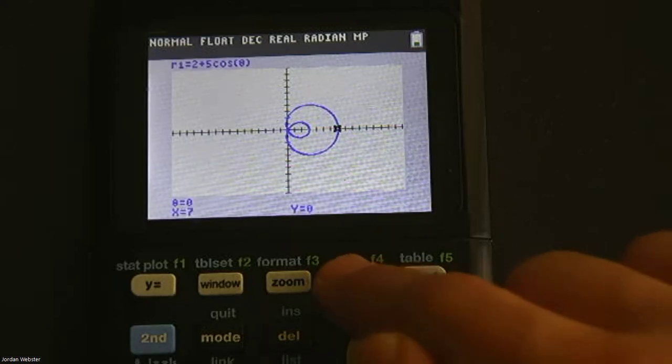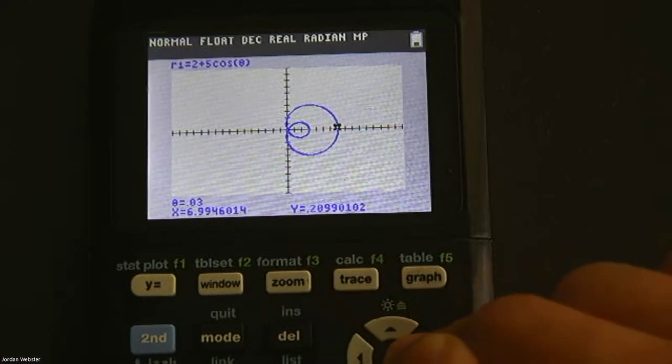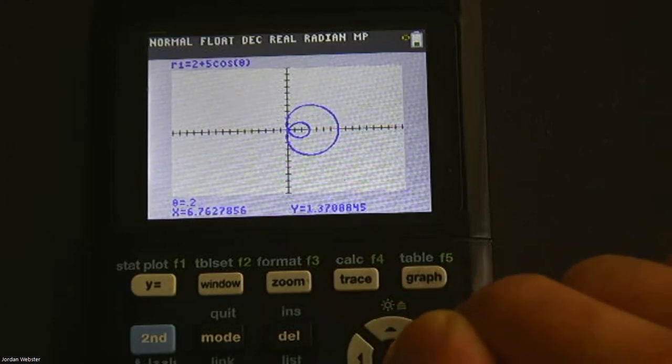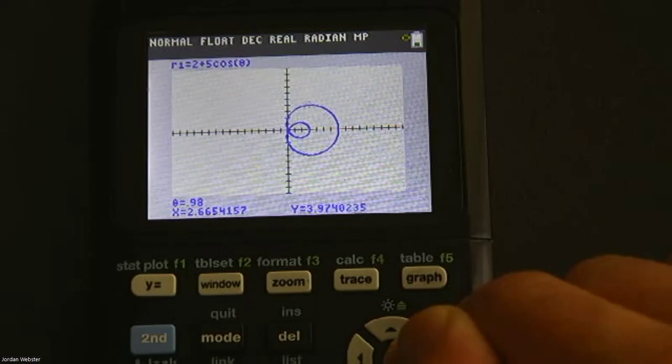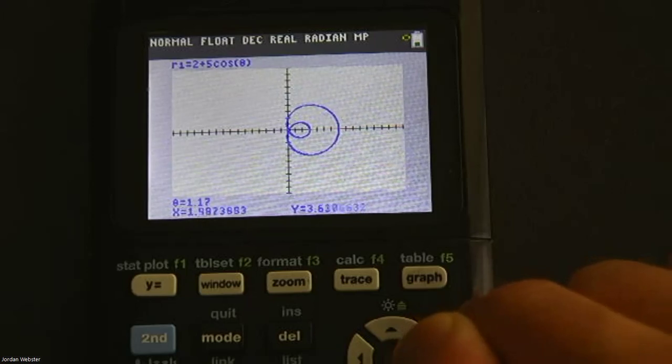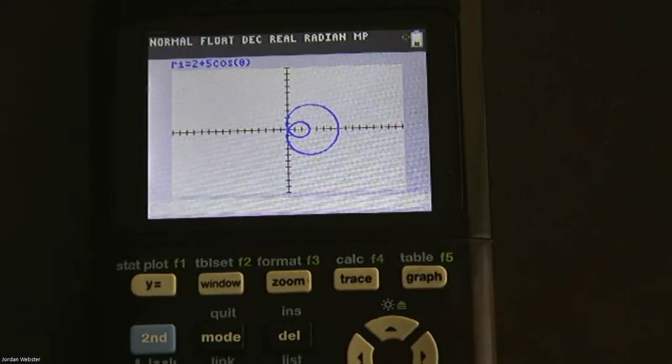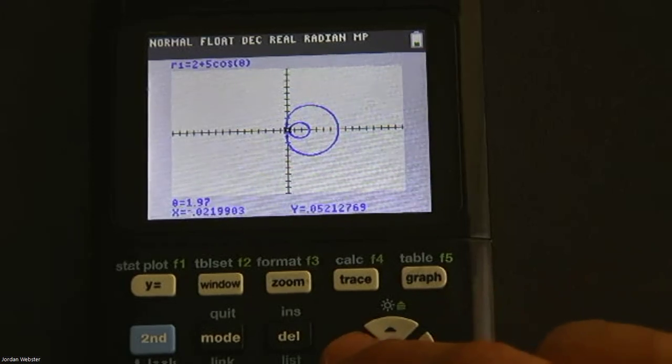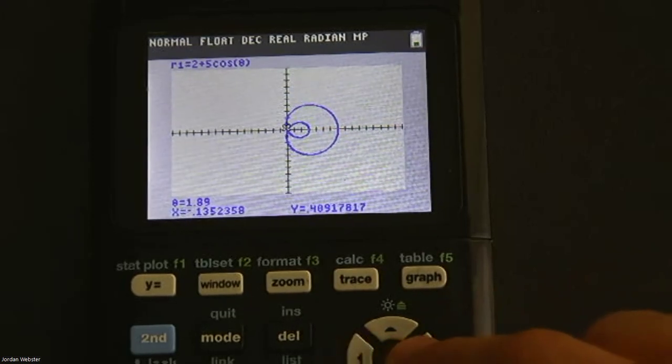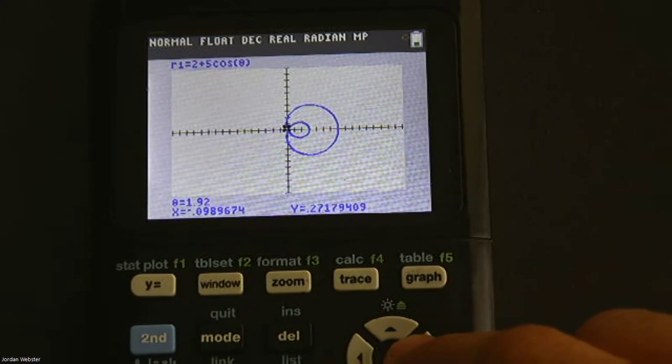And if I want to trace out that, obviously, I can do so. Now, because we're jumping by a value of 0.1, that is going to be tracing really, really slow. Maybe I'll skip ahead a little bit. You can see that it looks like we're getting really, really close to the origin.